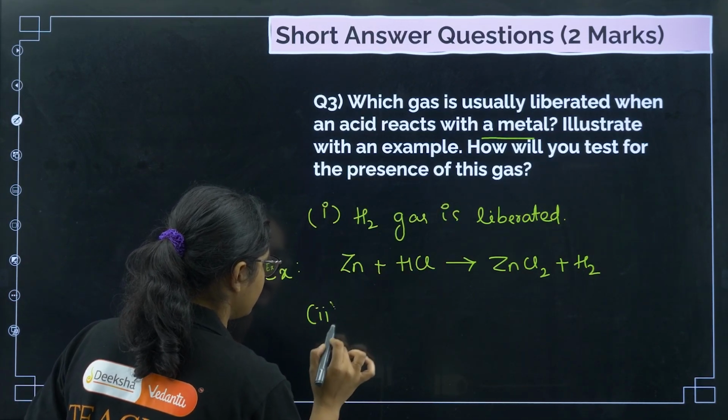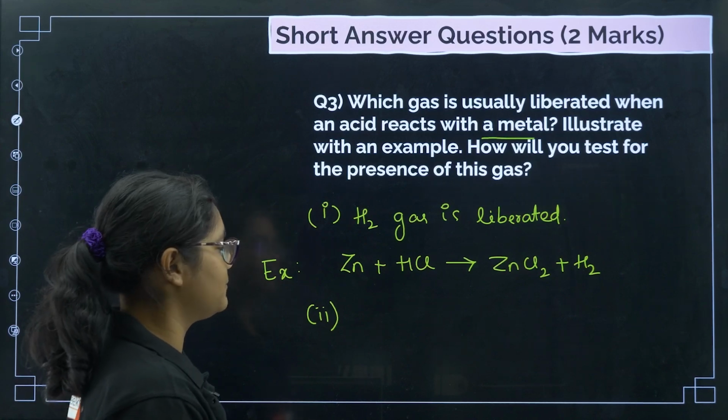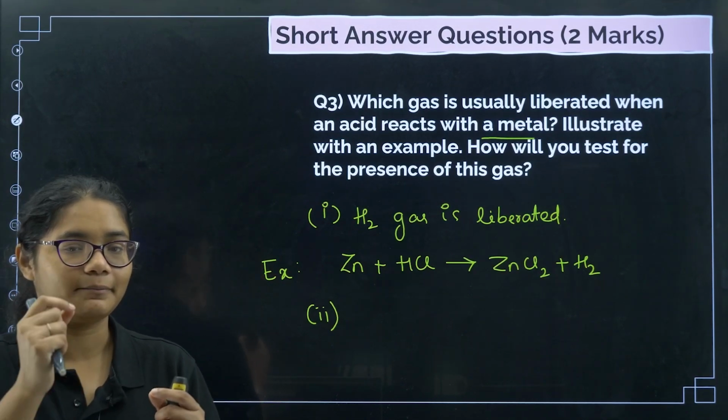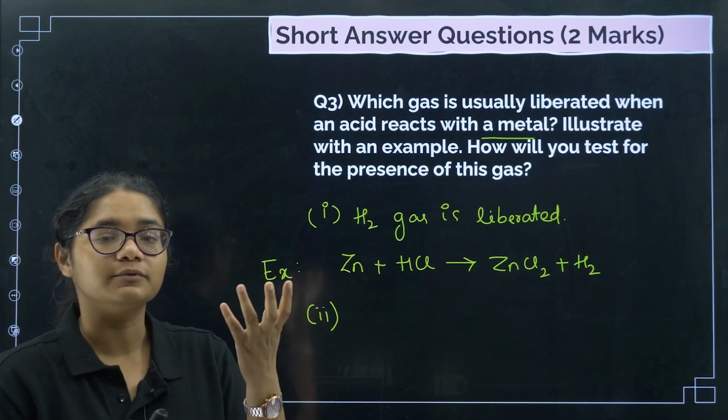Now second one, you need to write how will you test the presence of this gas? If we bring a burning matchstick near it, then the gas burns with a pop sound.